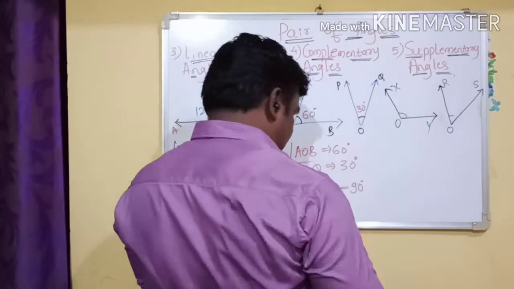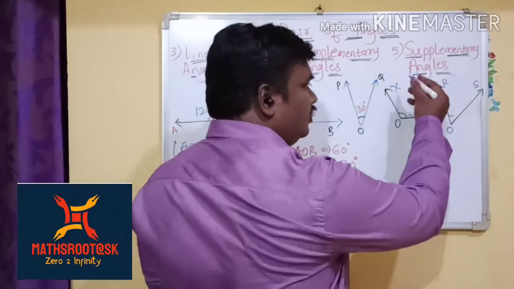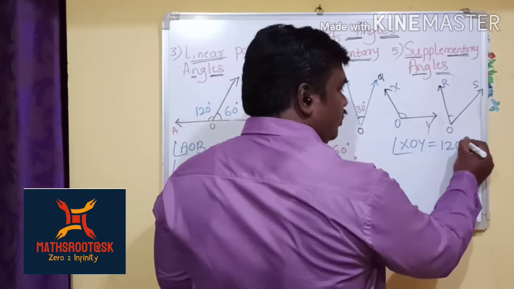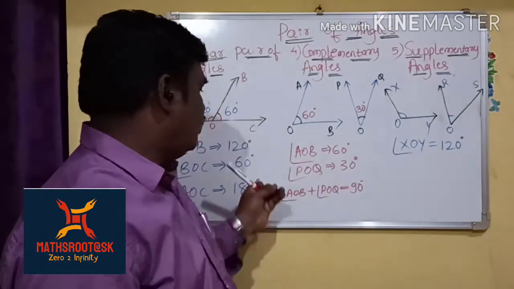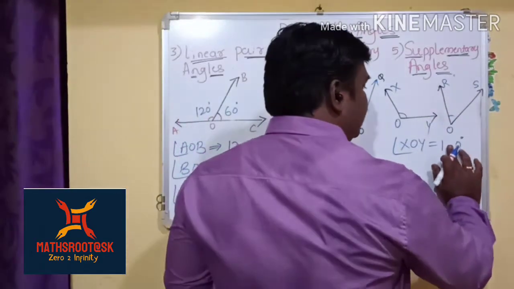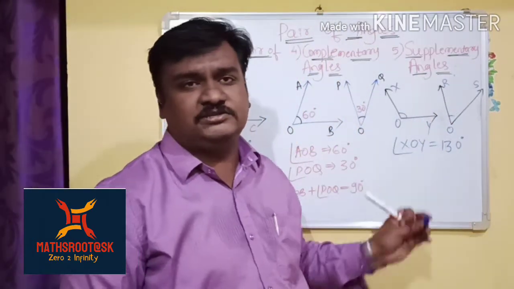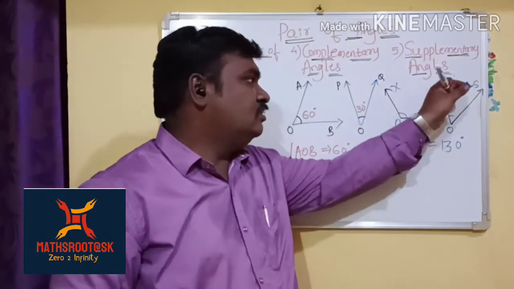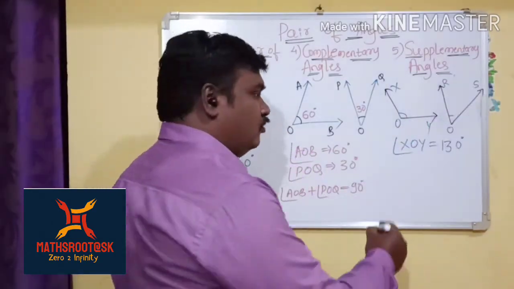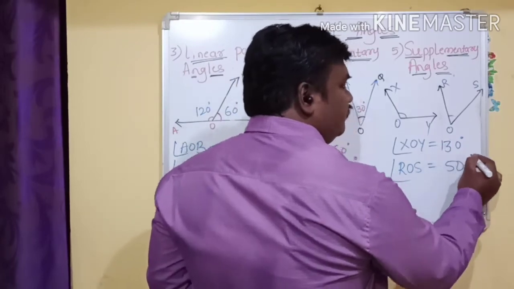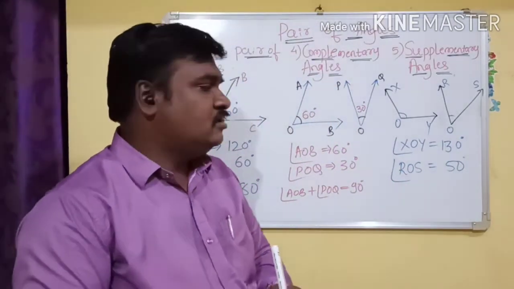So now if I take angle XOY, let me take 130 degrees here. These are just diagrams for your explanation. 130 degrees. Then angle ROS is 50 degrees.